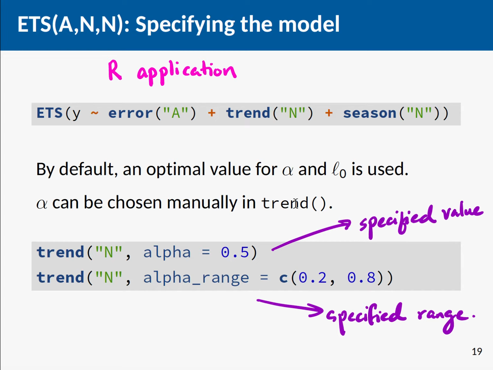That can be chosen by replacing the default option with alpha equals some value that you specify, or you can present a specified range for alpha by augmenting your arguments in this fashion.